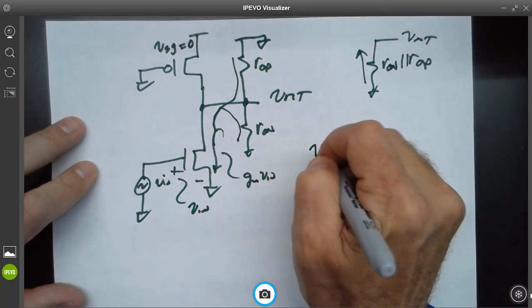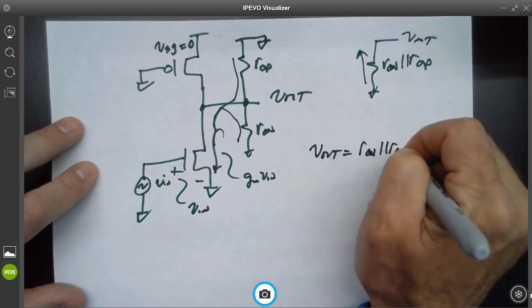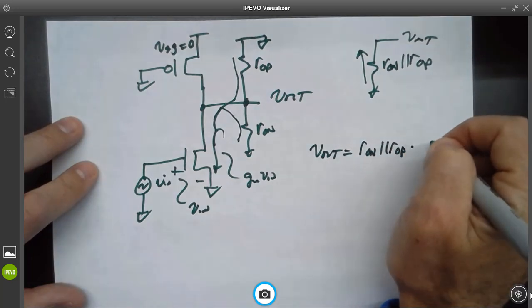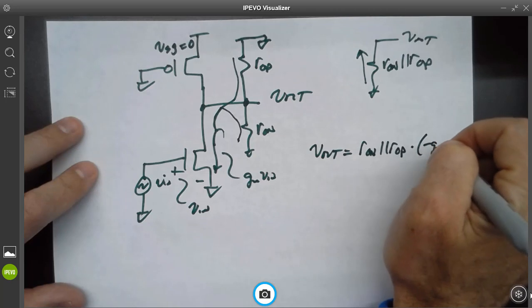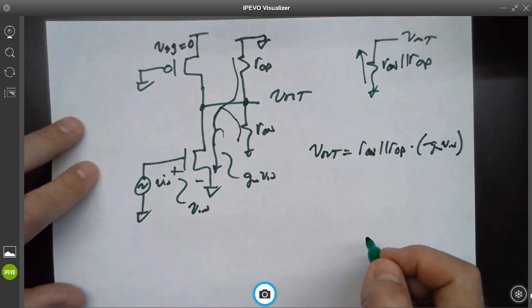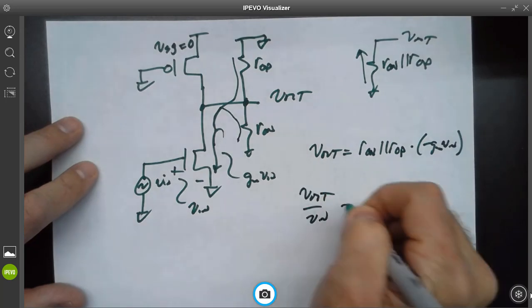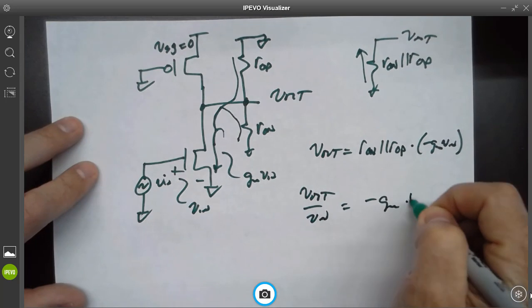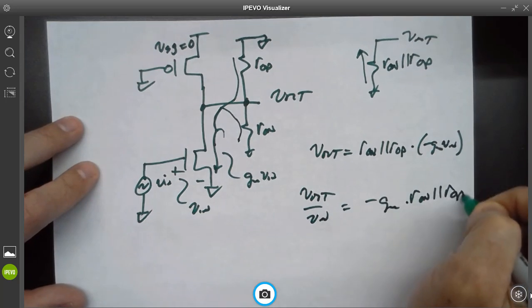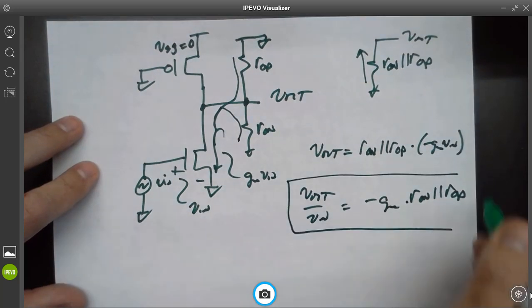So couldn't I write V out equals R out N in parallel with R out P times minus GM V in? Or V out over V in equals minus GM times R out N in parallel with R out P. Isn't that the exact same result?